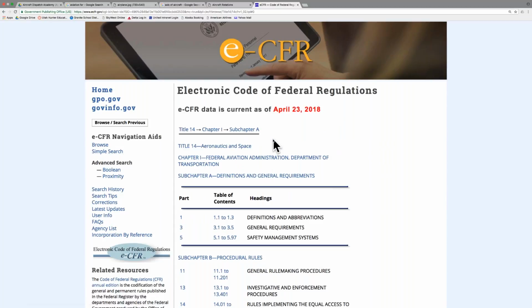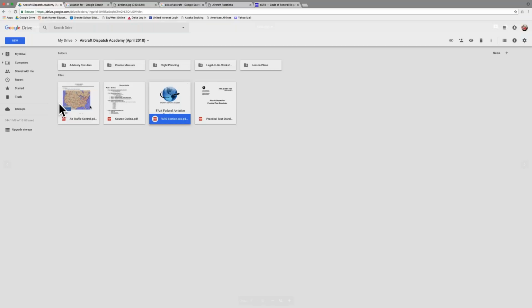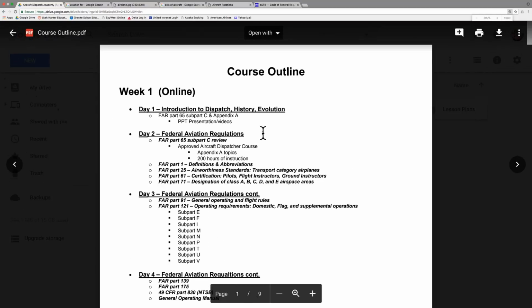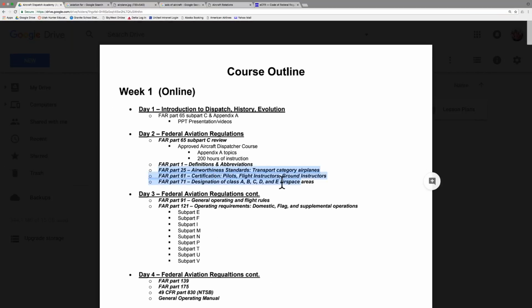A lot of this information in the next two, if you look at your course outline here, you can see that today we're talking about this FAR 25, 61, and 71, and I kind of touched on this yesterday.